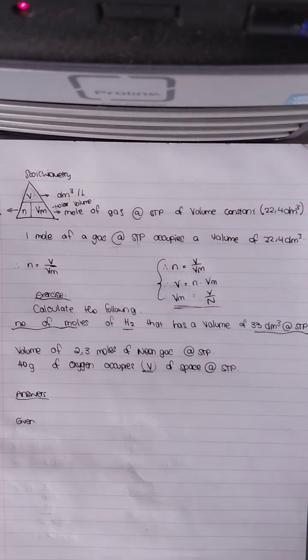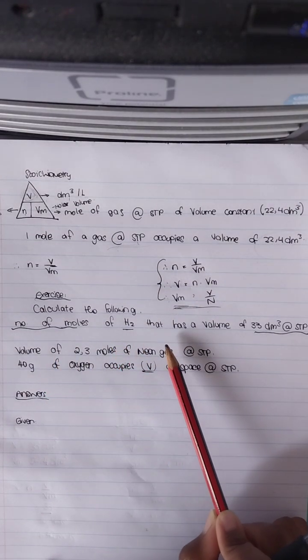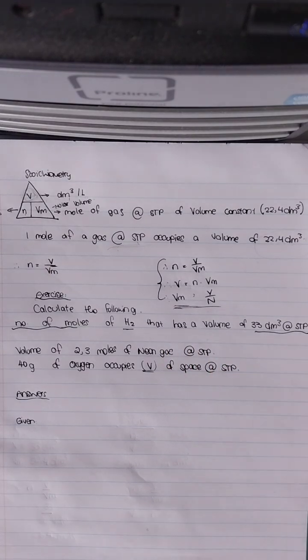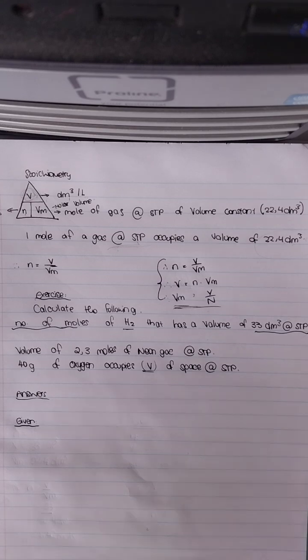It says here, calculate the following, okay? Number of moles of H2 that has a volume of 33 dm cubed at STP. STP means that we have our constant, and our constant remains the same, which is 22.4 dm cubed, all right? So always write down your given. Even in math or physics, write down your given, okay?